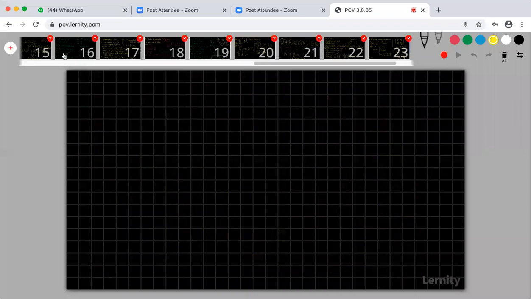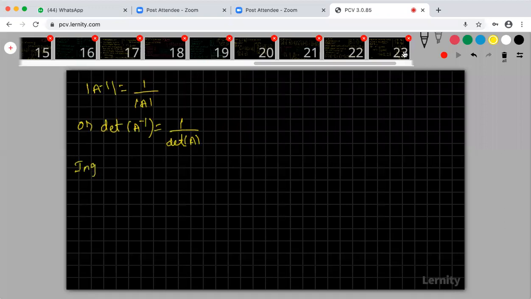Let's come to the next problem. What is the conclusion here? Determinant of A inverse is equal to 1 by determinant of A. This is true in general: determinant of A inverse is equal to 1 by determinant of A, where A is a square matrix of order n.